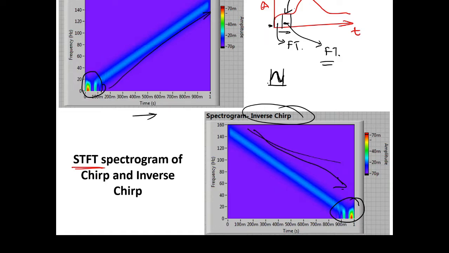There will be a case where you have a sinusoid which completely fits in this window, and that would be your critical frequency. Okay, that would be the critical frequency of the window.